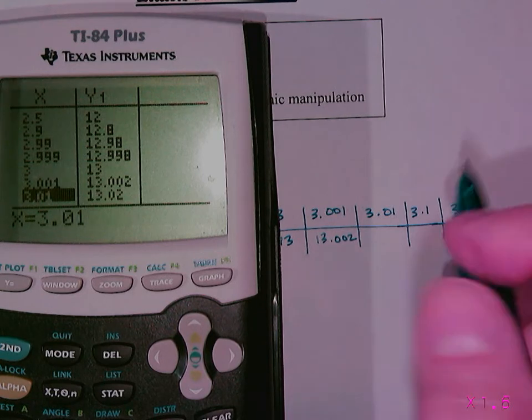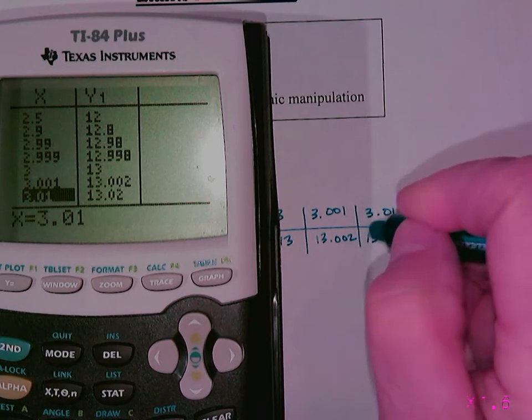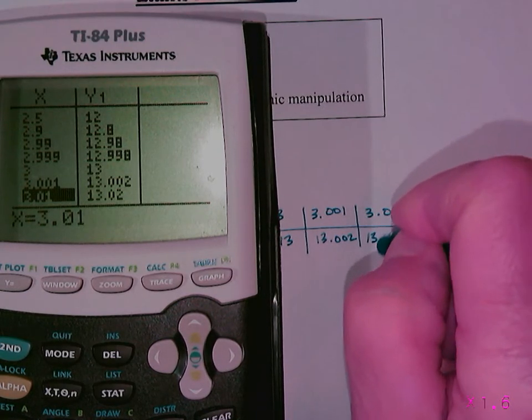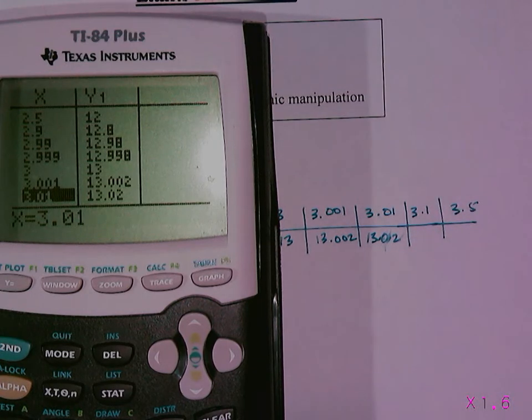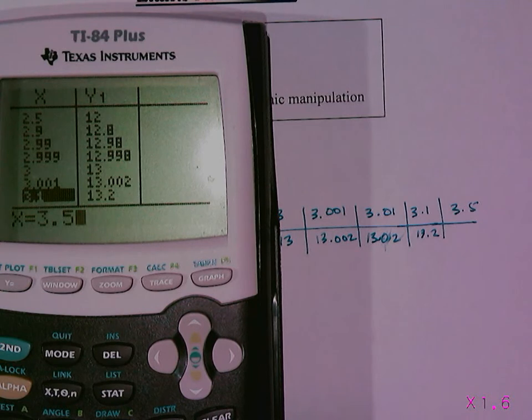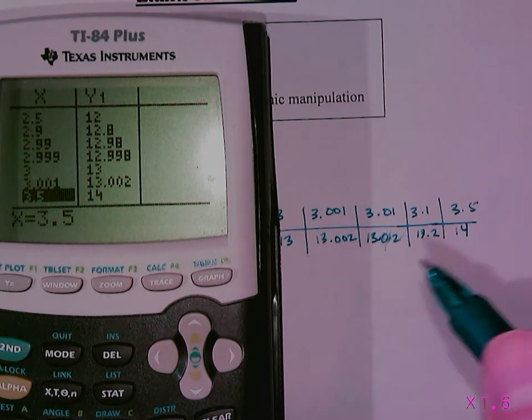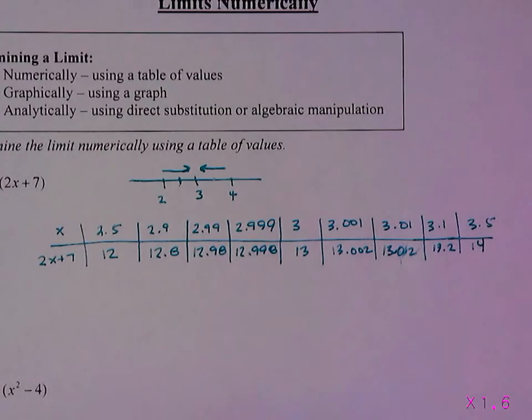I get 13.02. At 3.1, I get 13.2. And at 3.5, I get 14. So my calculator doesn't let me do a whole list of these. I can only do a few of them, so I just typed over.